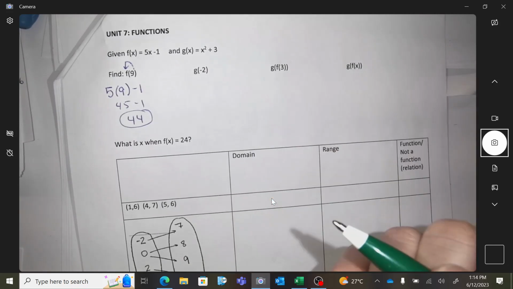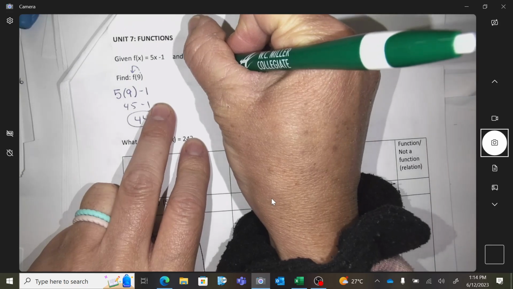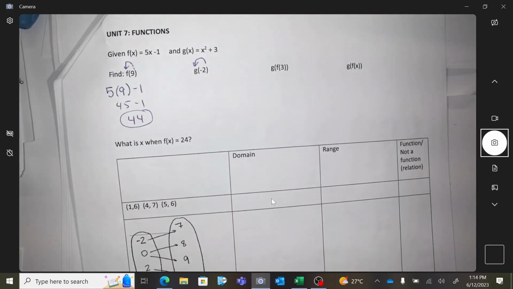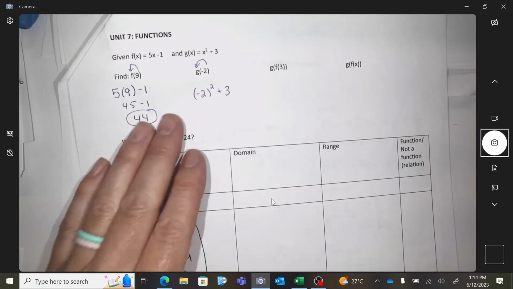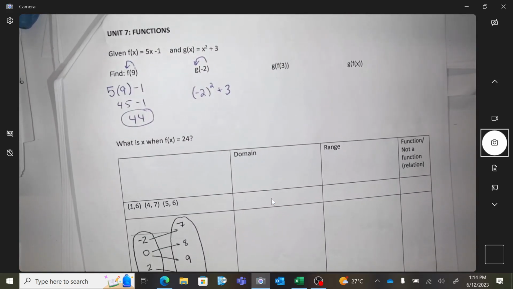Okay, g of -2. So put a negative 2 into the g function. So that would look like negative 2 squared plus 3.